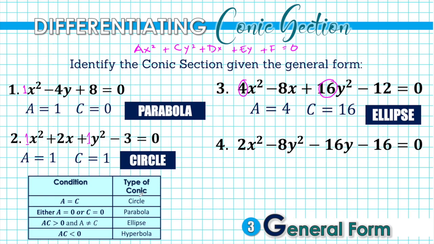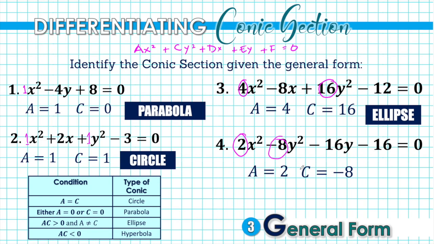And lastly, for this equation, we have 2x squared minus 8y squared minus 16y minus 16 is equal to 0. Now our A is 2 and our C is negative 8. Please don't forget the negative. Most students forget about that. So A is equal to 2 and our C is equal to negative 8.